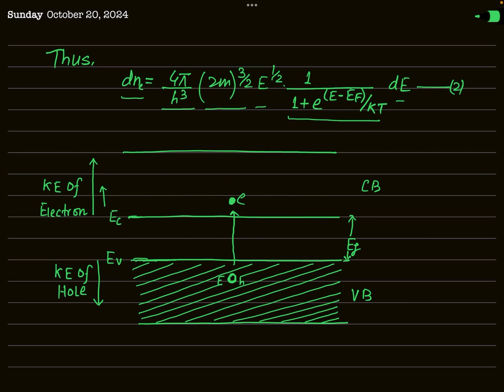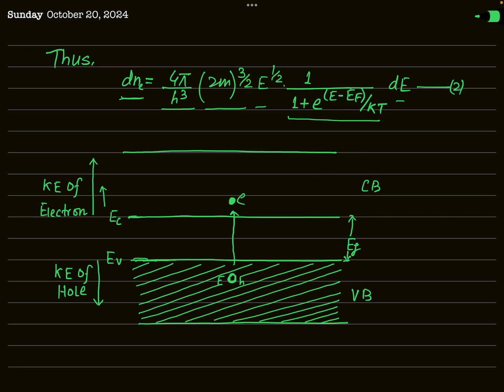Actually, till now we have talked only about the free electron. This is the mathematical tool, and this tool will now be applied to our present problem. Here our aim is to find the value of this dn_E if the electrons are not free, but they are in the conduction band of a pure semiconductor.